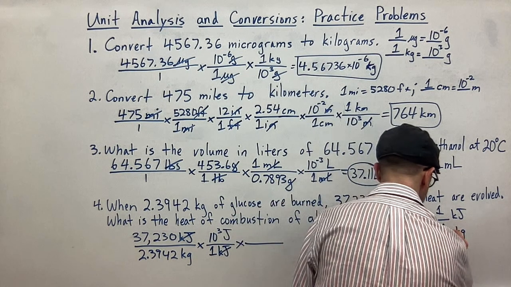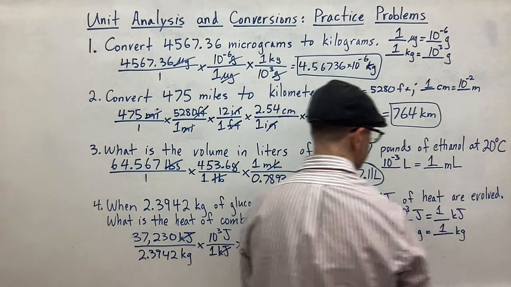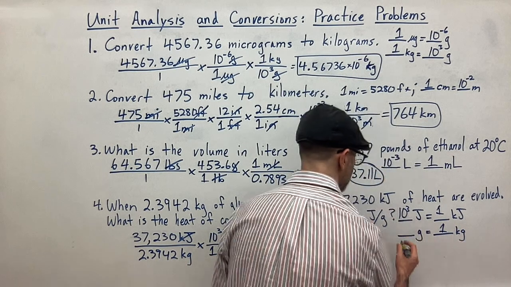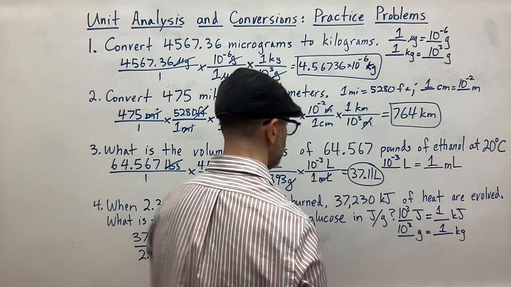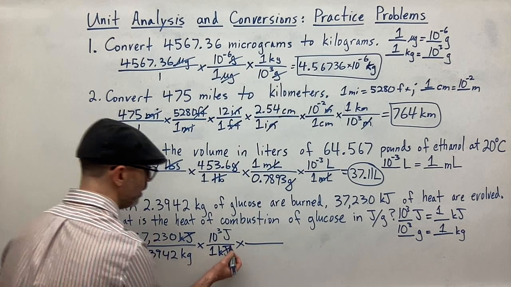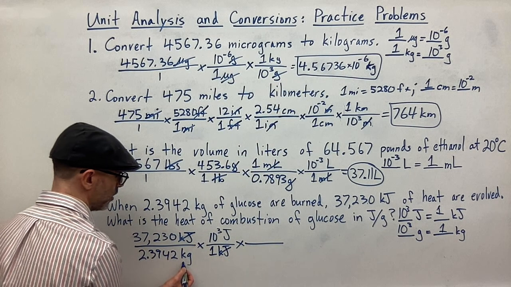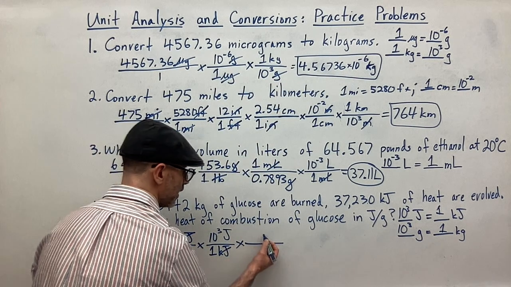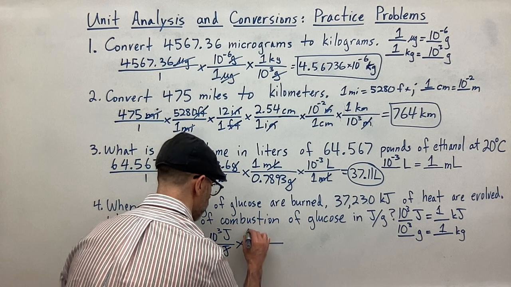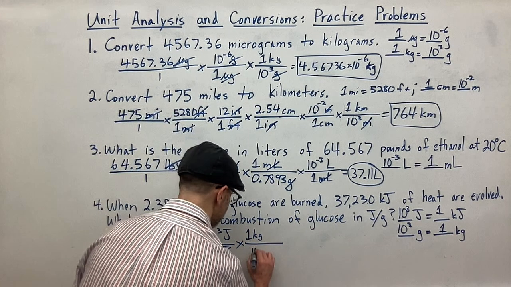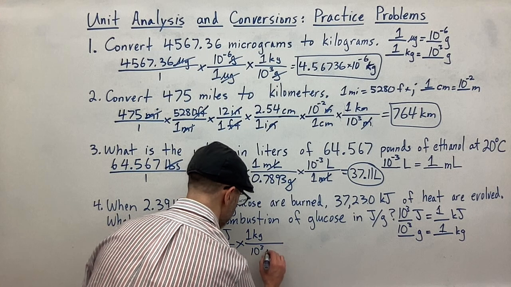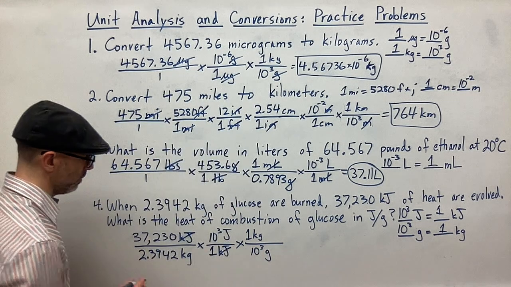I'm always going to put one with the prefix unit, and then the prefix multiplier with the base unit. So now I have kilograms on the bottom, so I want to put kilograms on top. So here 1 kilogram is on top and 10 to the third grams on the bottom.